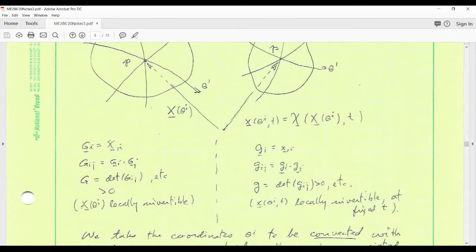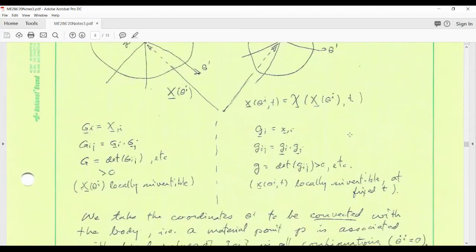I'll use capital G to go with capital X. Metric, capital Gij, determinant, and so on. And all the assumptions we made previously about these curvilinear coordinates apply here also to any fixed configuration. Of course, the configurations evolve with time as well.